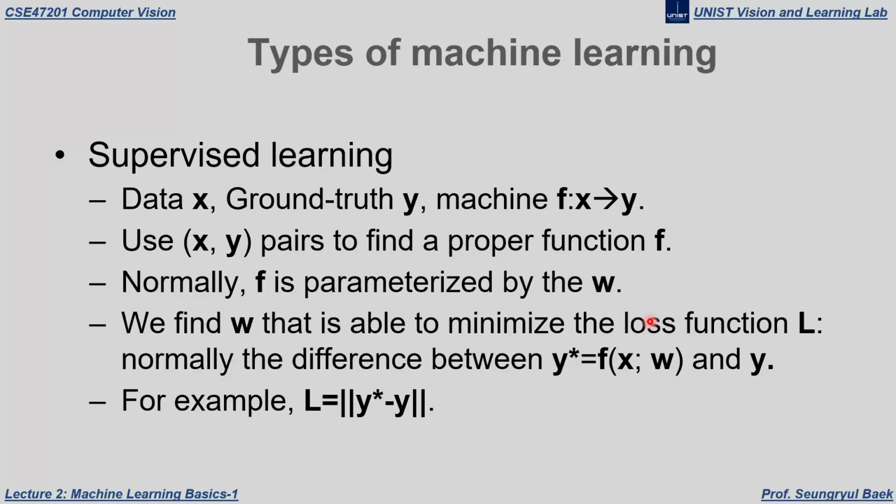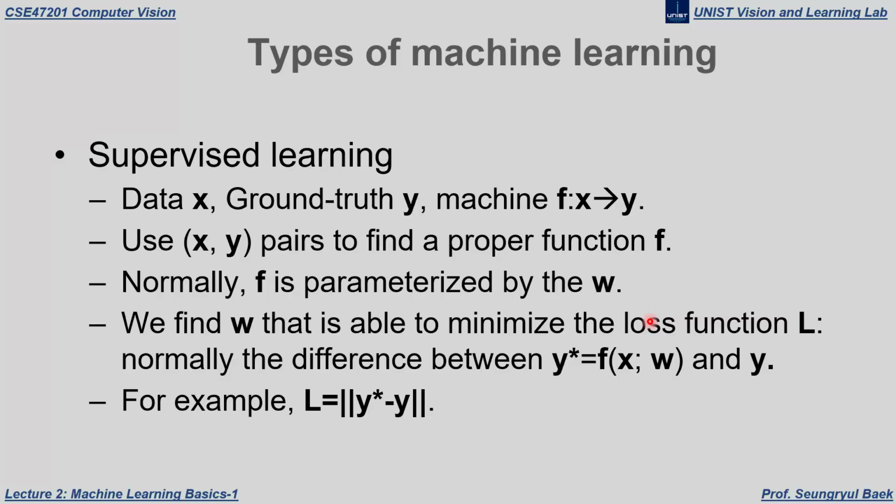Later we will learn about that. Anyways, at the initial stage, there is a parameter that determines the characteristic of this function f, and initially it is randomly initialized, so the output is far from what we desire. But later, by seeing many data, we will update this A and B, which are the parameters for this function f.